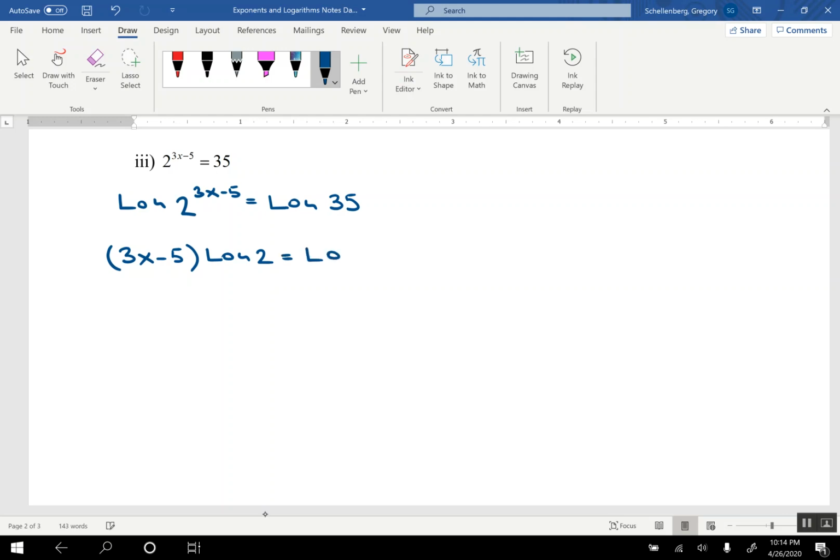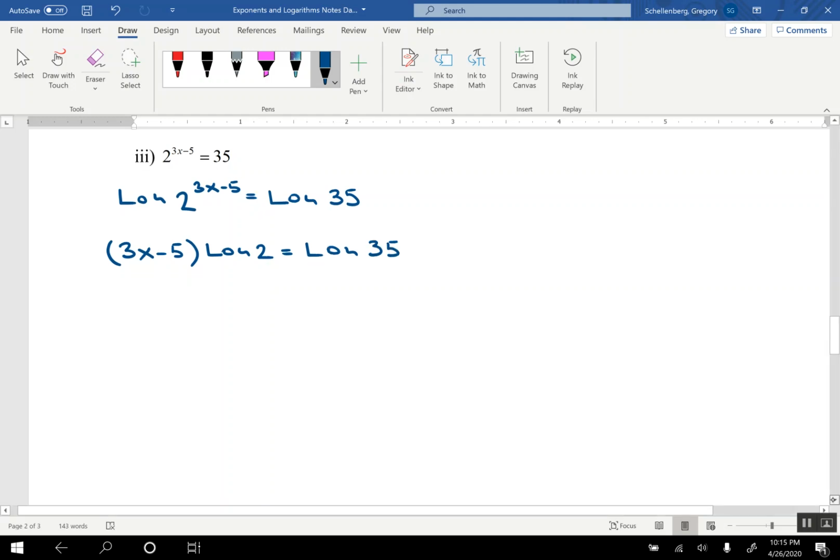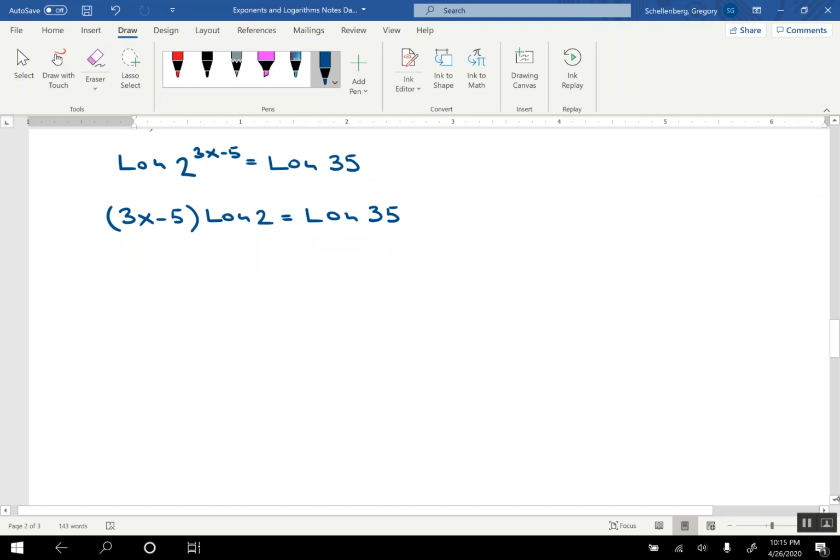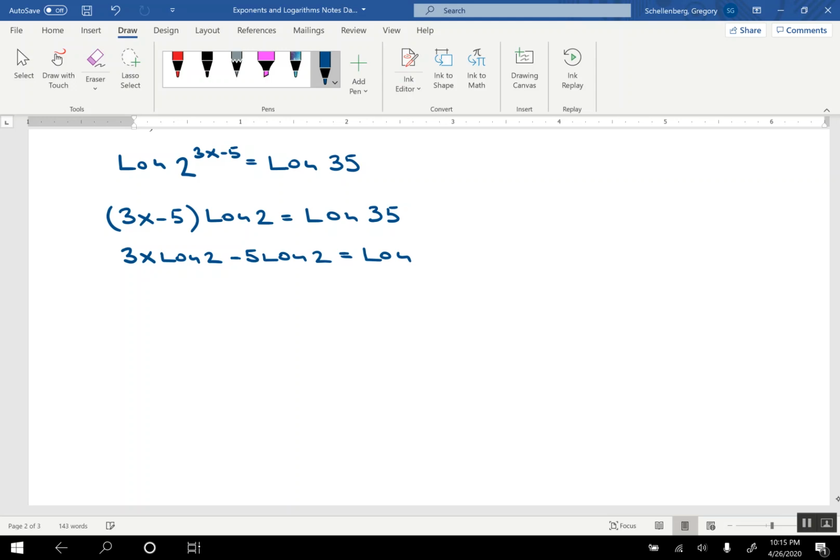And so here's our next step. From here we will expand the brackets. So 3x times the log of 2 is 3x log 2. And negative 5 times the log of 2 is negative 5 log 2. This is equal to the log of 35.